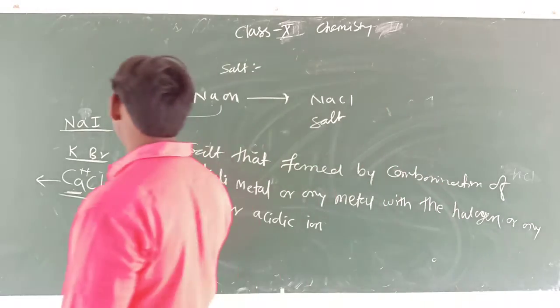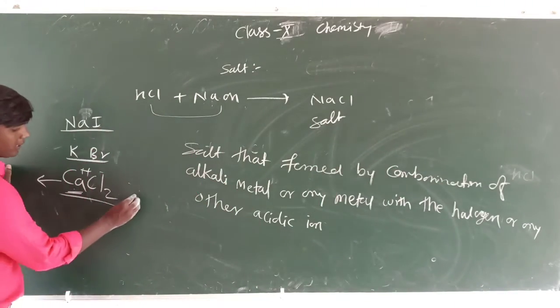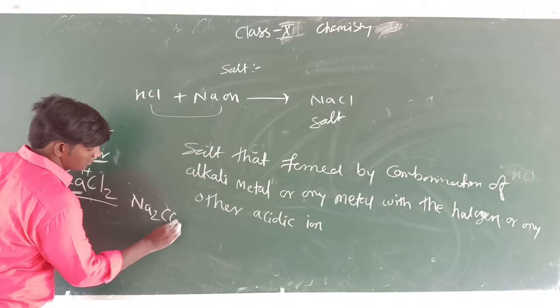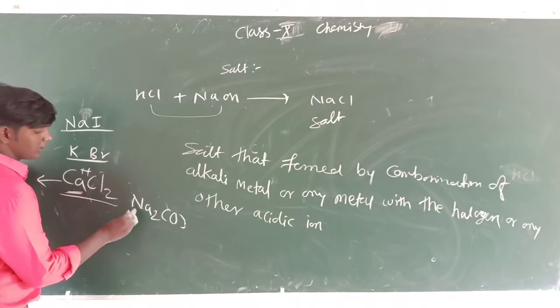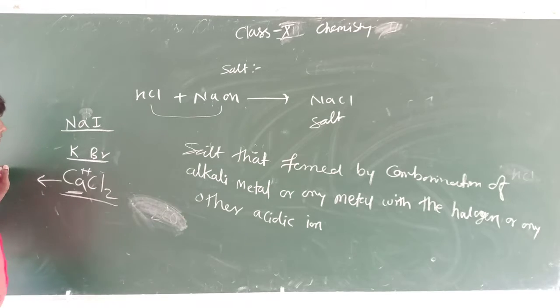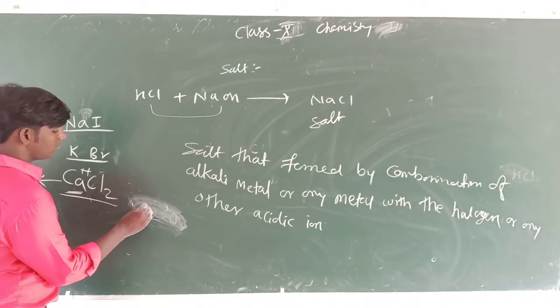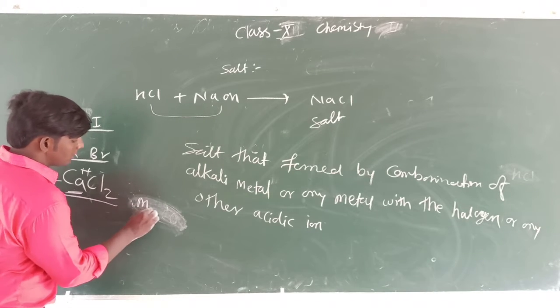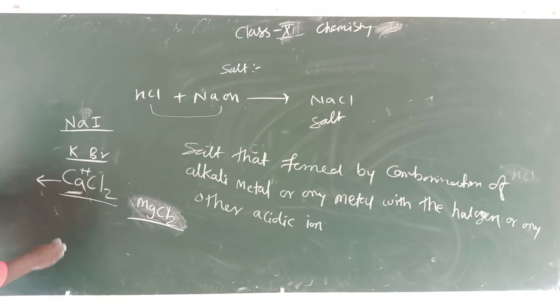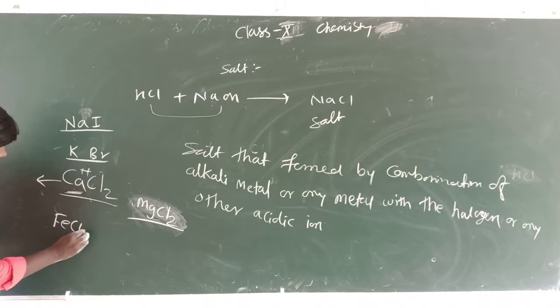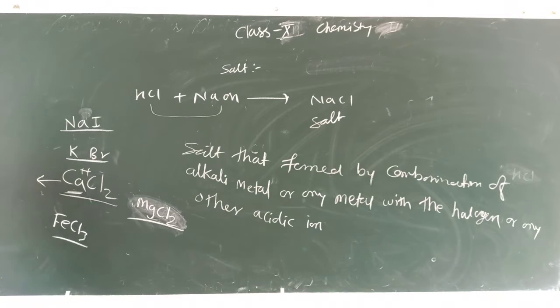Now if I add some more salts, like sodium carbonate, okay, we cannot say it's a salt, sorry. We have magnesium chloride, MgCl2, we have FeCl3, this is also a salt of ferric hydroxide and HCl.